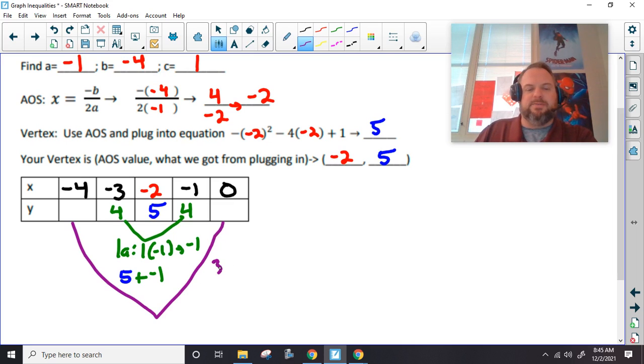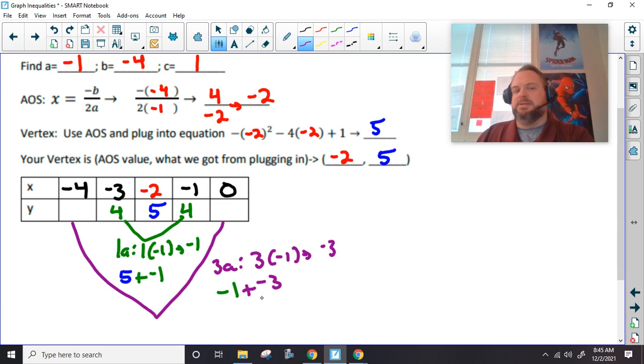These are a ratio of 3a. This is 3 times negative 1, which is negative 3. So we're going to have negative 1 plus negative 3, which is, wait, what did I say? No, this should be 4. I'm sorry. I wrote the wrong thing.